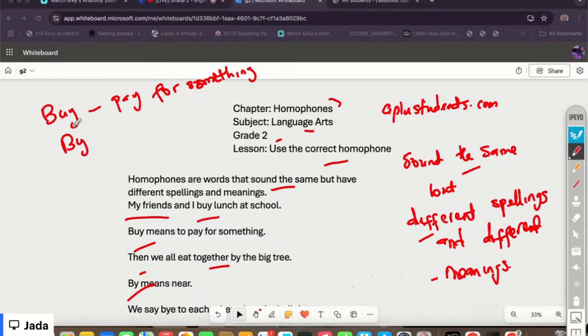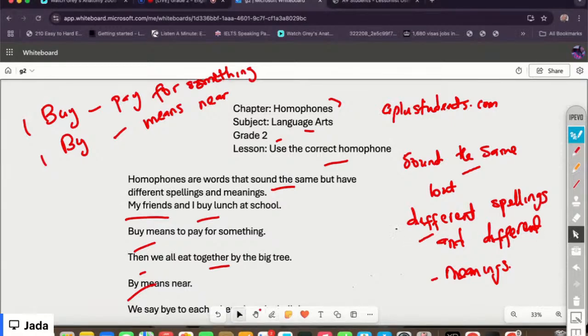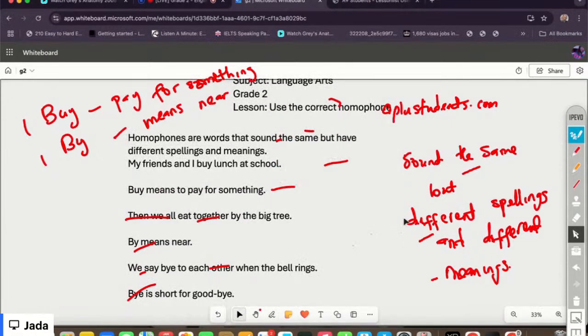So buy, this one, by, and buy, they sound the same, right? But this one means near, okay? When you're near something or next to something. So that's what this by means. And then the next one.